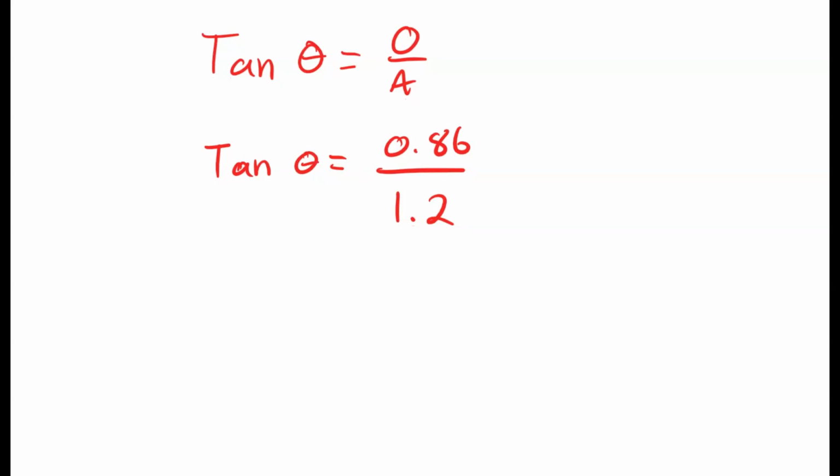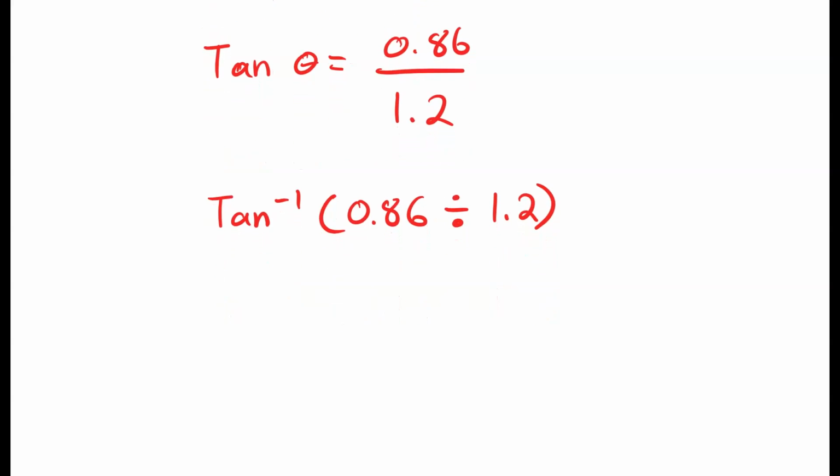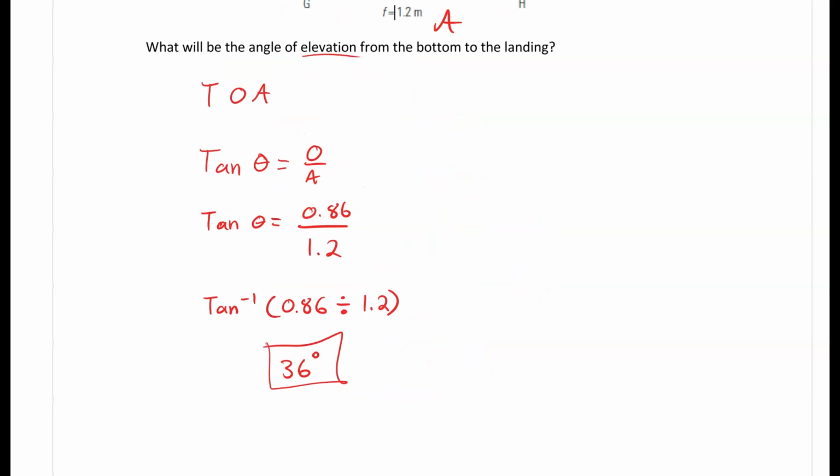Now to solve for our angle, we're going to do tan^-1, our inverse, and then an open bracket, 0.86 divided by 1.2, close that bracket. What we're going to get for our angle of elevation is 36 degrees. And that would be our final answer for our angle of elevation.